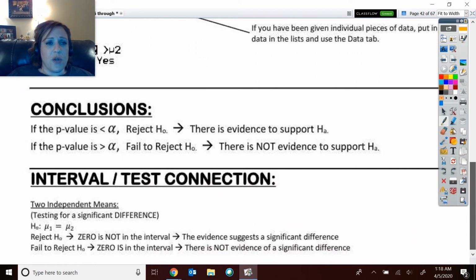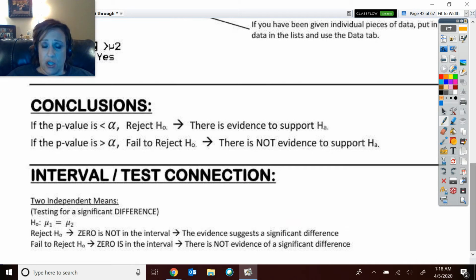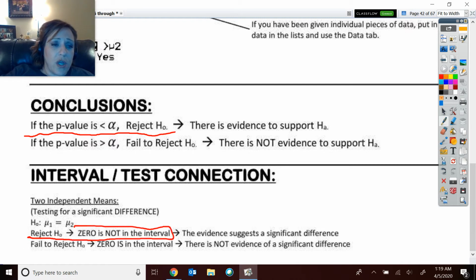Again, on our test conclusions, we have that same thing as before that we talked about in the previous video, where if our p-value is low, reject H0, so we have evidence of HA. And that connection to the interval would also be that 0 is not in that interval. Let me think about this real quick.